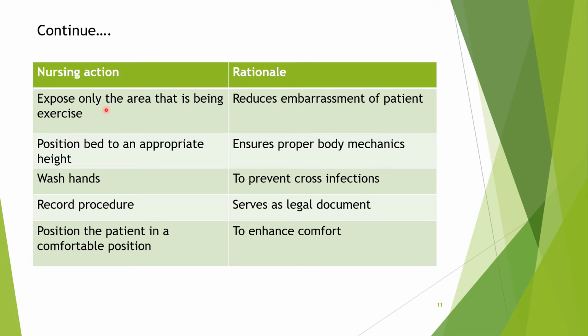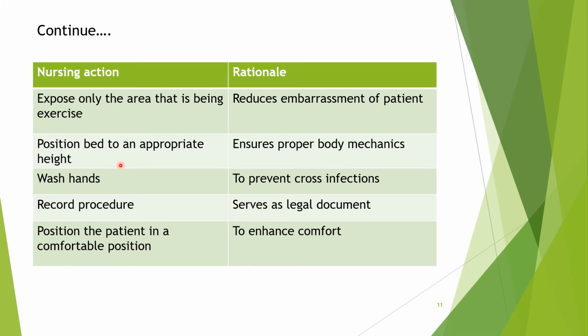Next, expose only the area that is being exercised. Yes, this is very important, because if we expose other areas, that can lead to embarrassment of the patient. So to reduce embarrassment, we only expose the area where we are going to perform the exercise.